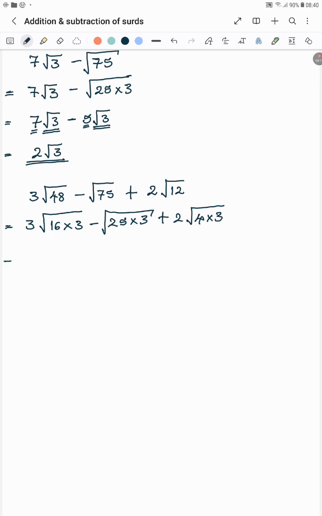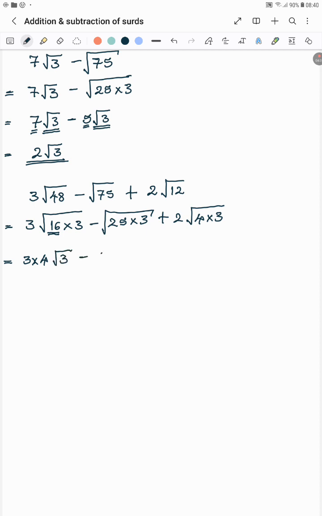Now we take out the root outside the root sign. Here root of 16 is 4. We take it out and we multiply it with 3, and under the root we remain with 3.